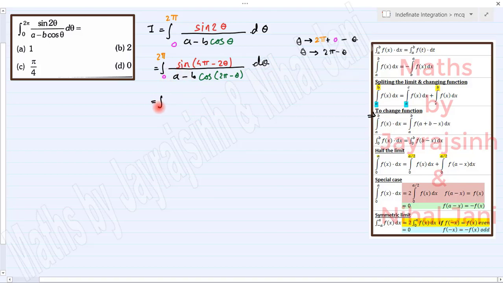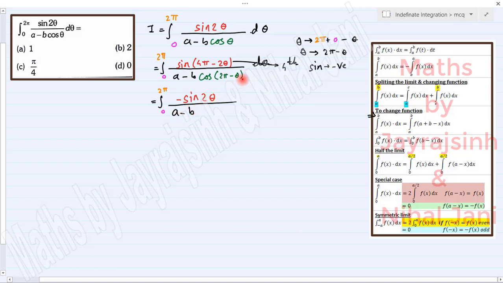Now, we can say 4 pi minus 2 theta is in the fourth quadrant where sine is negative. So sine of 4 pi minus 2 theta will become minus sine 2 theta. And in the denominator, we have a minus b.